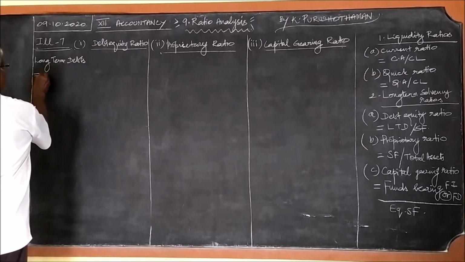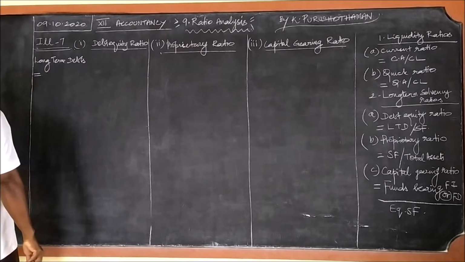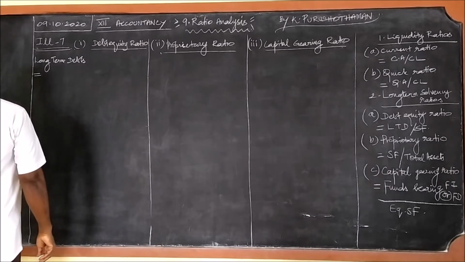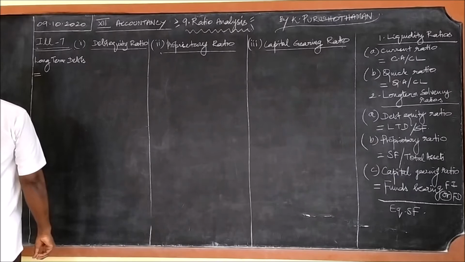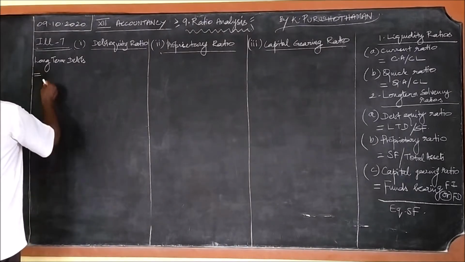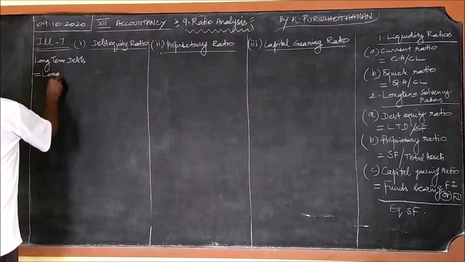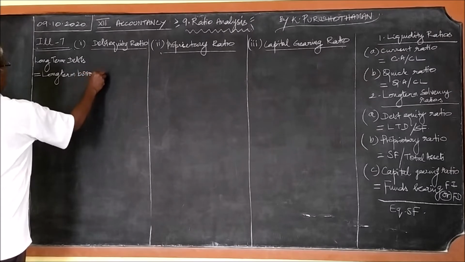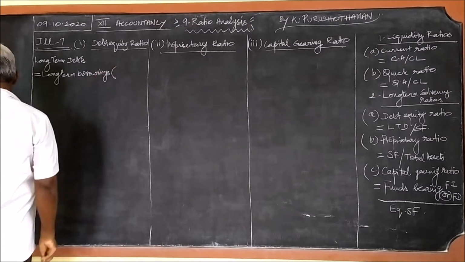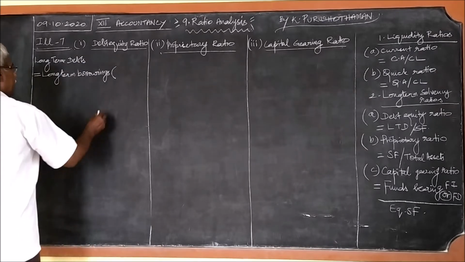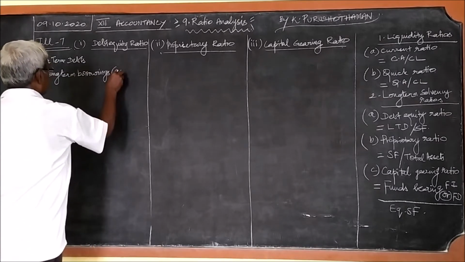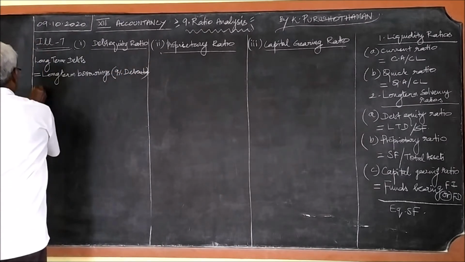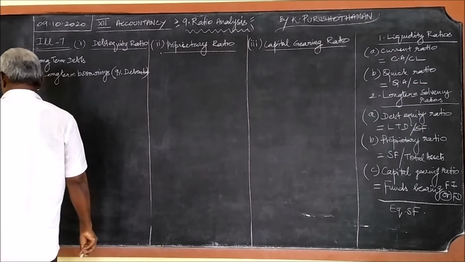Long-term debts are only one item, that is long-term borrowings. Otherwise it is given in the bracket, 9% debenture. So the amount of debenture is 4 lakhs.